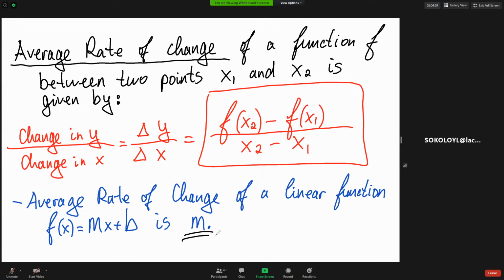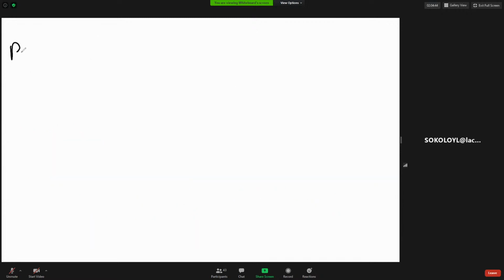So basically this theorem tells us that if we have a linear function, the average rate of change between any 2 points will always be the same, specifically m, the slope of that linear function. So the proof for that theorem looks like this.